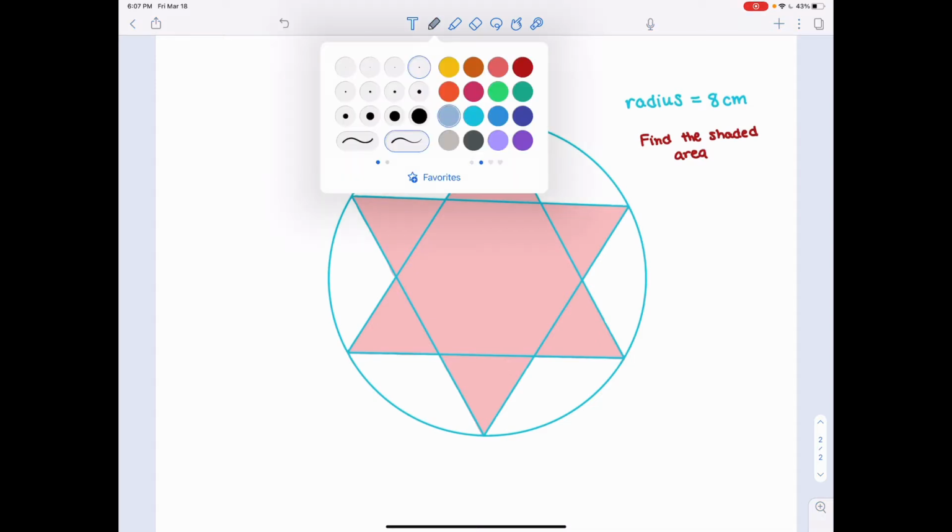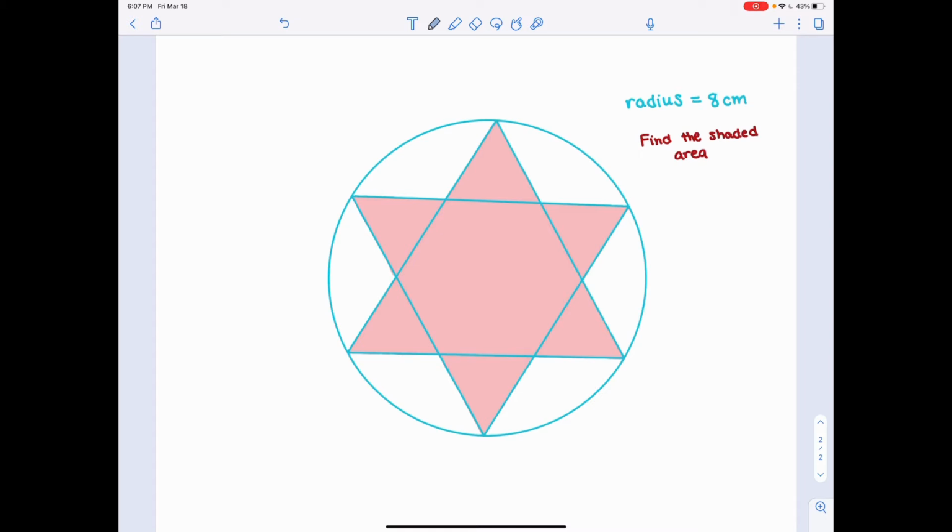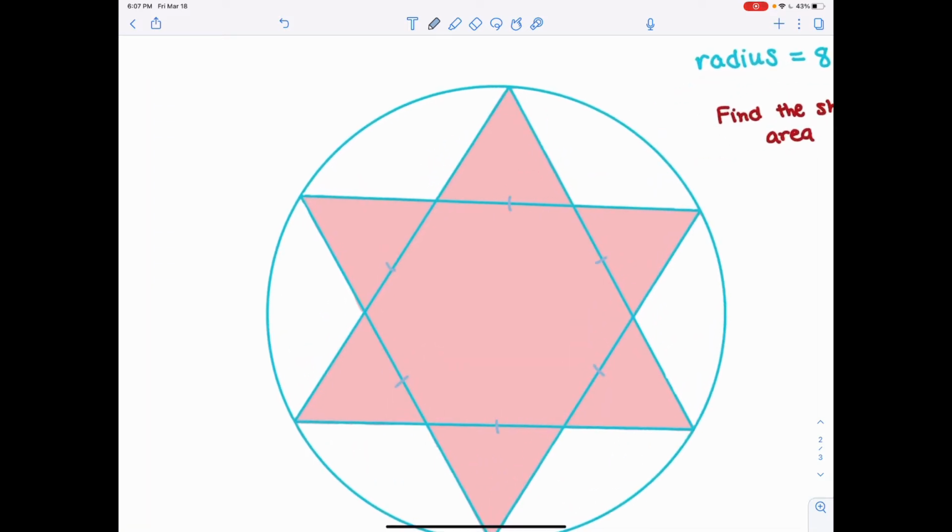So the first thing we're going to do is mark this out so that it's all equilateral. If this is an equilateral hexagon, then this interior angle is always 120 degrees, which means if we use OAT, the opposite angle theorem, this angle is also 120 degrees, and that leaves this angle and this angle to be 60 degrees each.